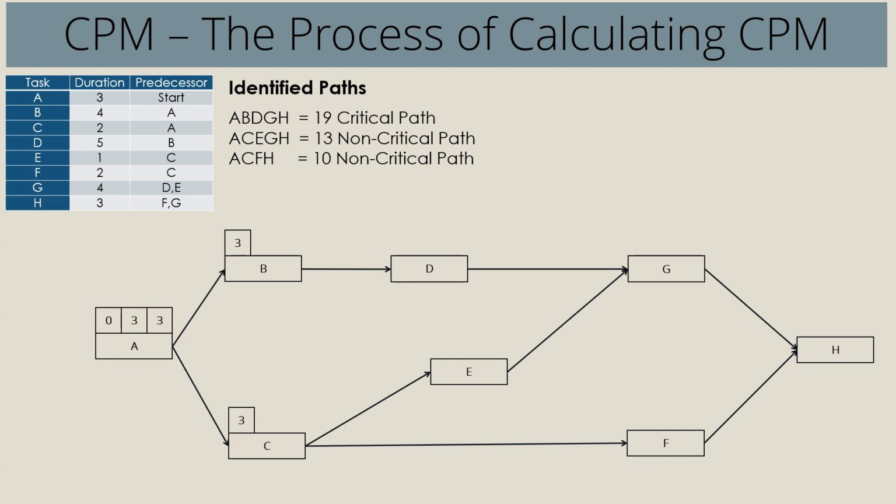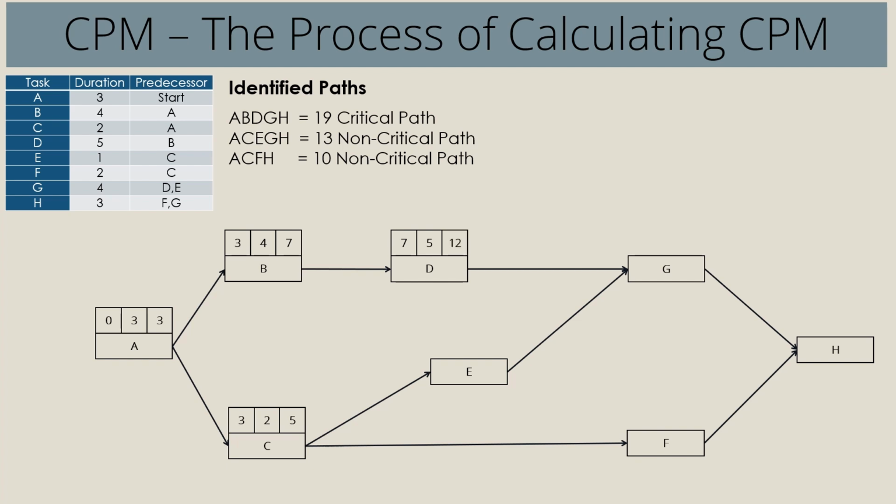So again, for activity B, 3 plus 4 is 7. Activity C, 3 plus 2 is 5. You can really go in any order that you want here, just as long as you make sure you're bringing over the right number. So we're going to bring 7 into activity D's early start, and 7 plus 5 is 12.